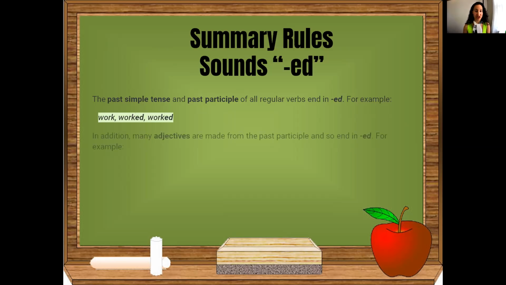In addition, many adjectives are made from the past participle and so end in ed. For example, I like painted furniture. So this is an ID sound, painted. This is the base word, paint, and this is an ID sound, painted. I like painted furniture. So painted is the adjective. Did you get that?